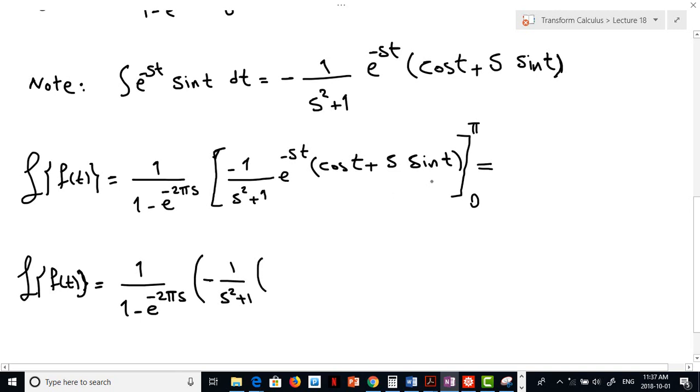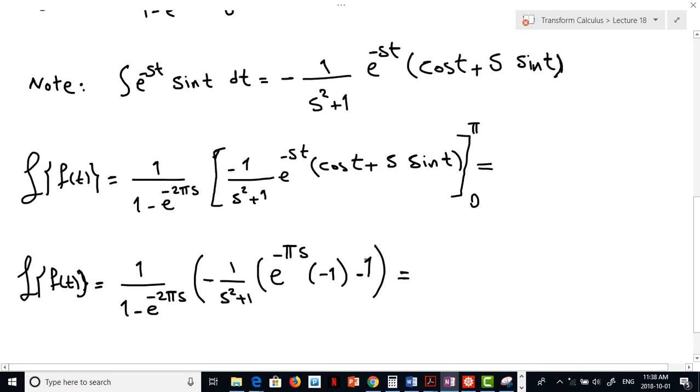If I apply the upper limit, we have e to the power of minus pi s times cosine pi, which is minus 1, times minus 1, and sine pi is equal to 0. Minus, I apply the lower limit: e to the power of 0 is 1, cosine 0 is 1, so minus 1, and sine 0 is 0.